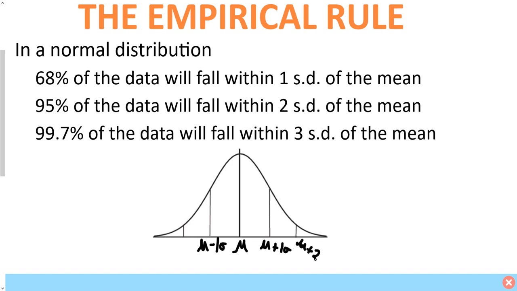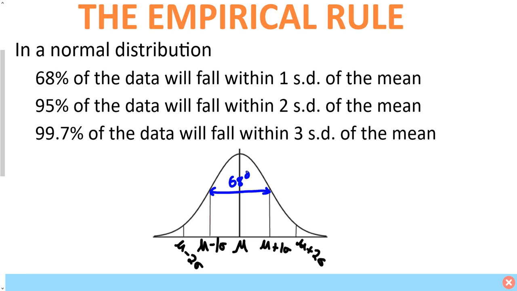Mu plus 2 sigma, and then mu minus 2 sigma. In that first category, 68% should be within 1 standard deviation. That means we've got 34% on each side.